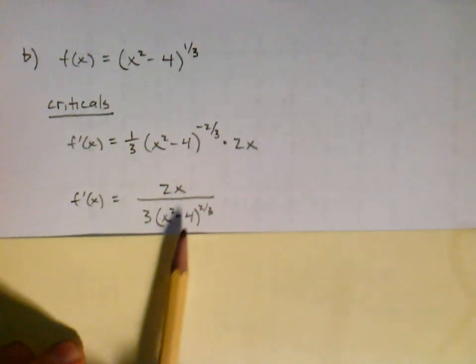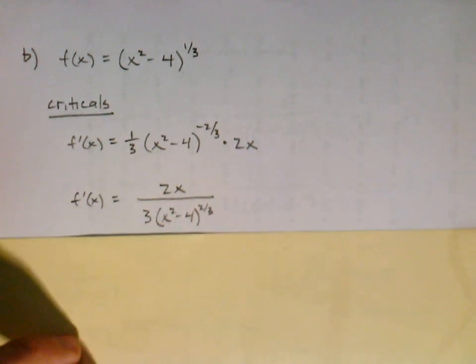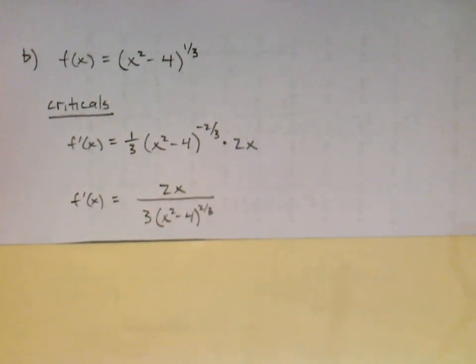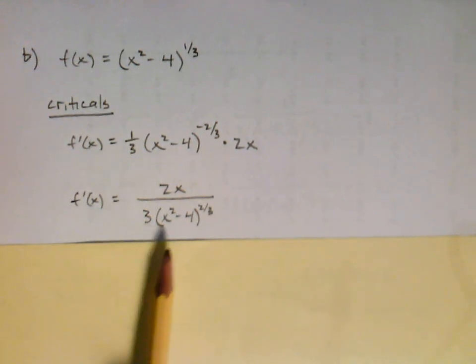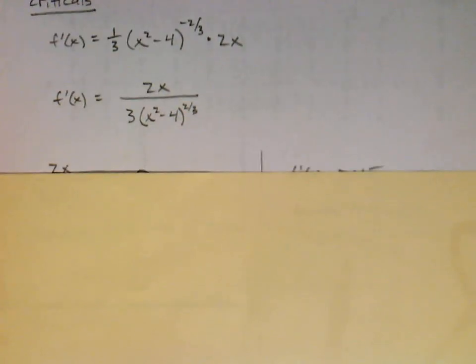The negative exponent is going to put this whole thing in the bottom, and that 2x is going to multiply up to the numerator like so: 2x over 3 times the quantity x squared minus 4 raised to the 2/3. And this will be a lot easier when it comes to our next step in finding the criticals.